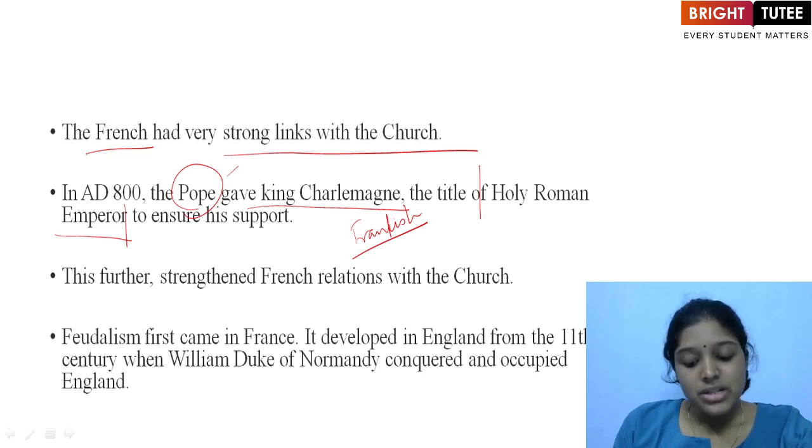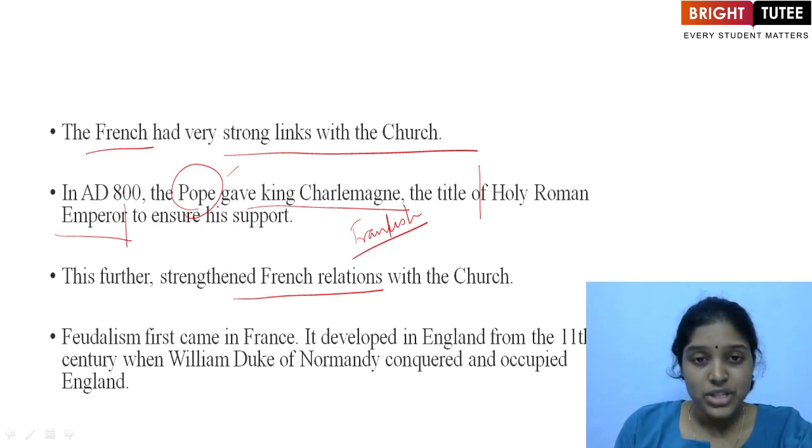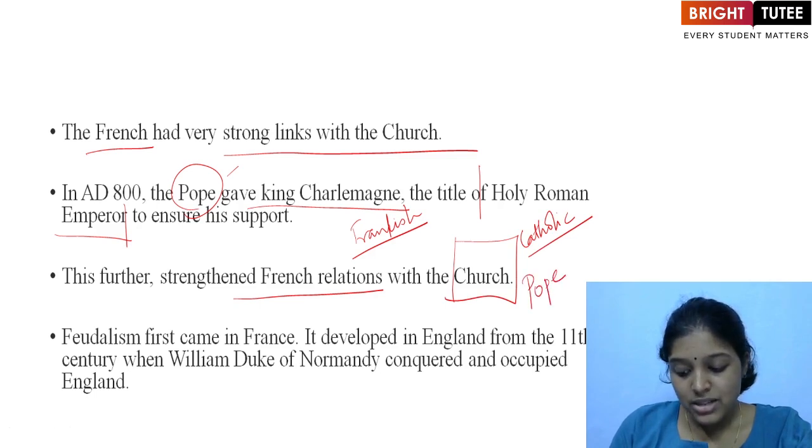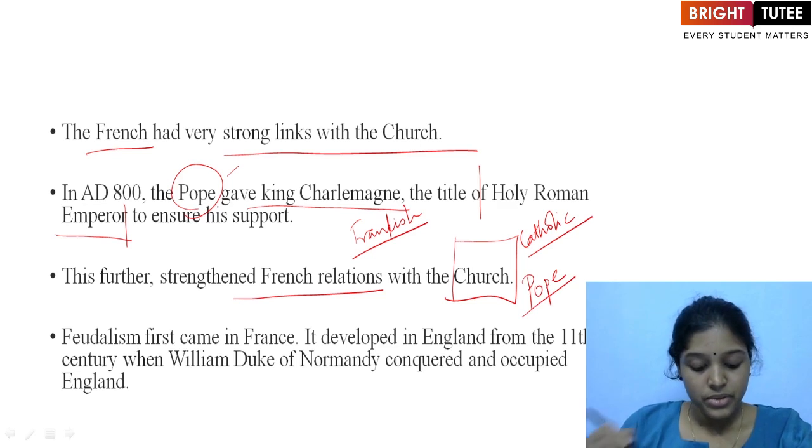And this further strengthened French relations with the church. When this recognition was given to the Frankish kings, it strengthened the relations France had with the Catholic Church, one of the Christian denominations, which had the Pope as its supreme head.